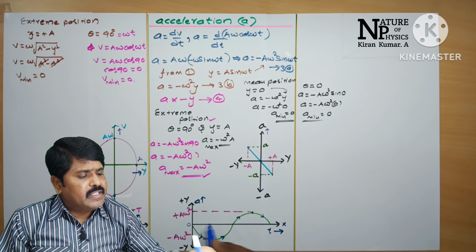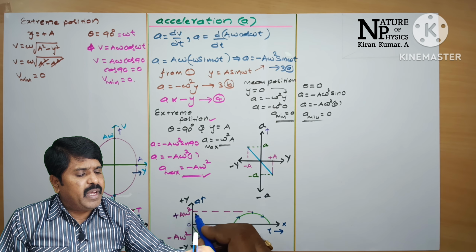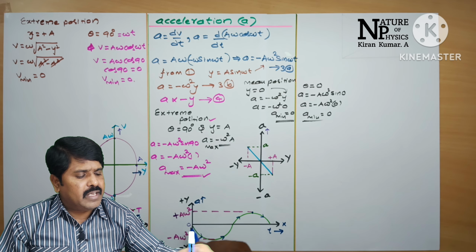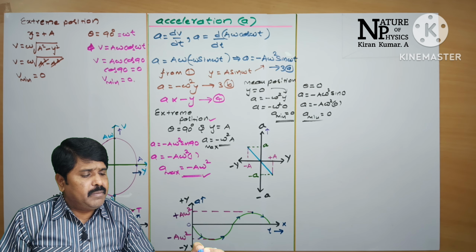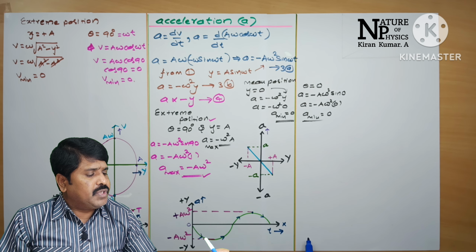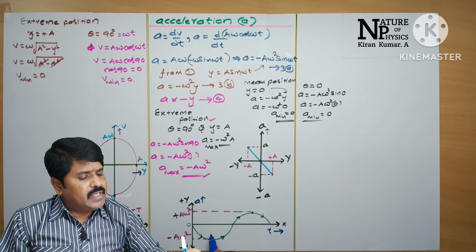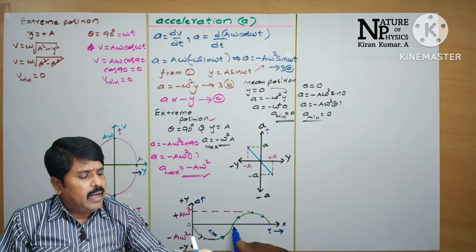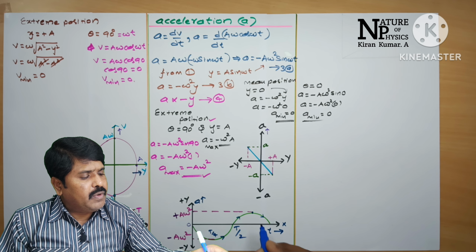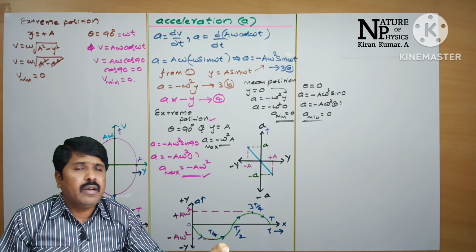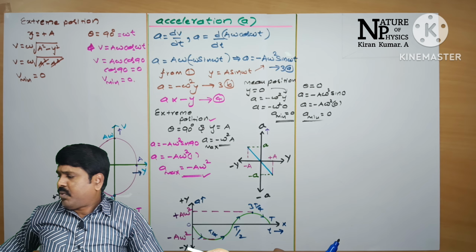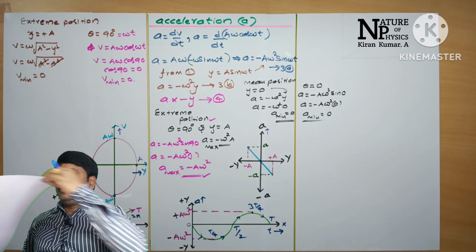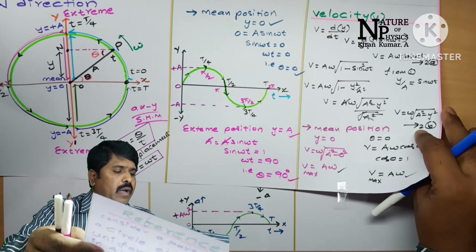This is the maximum acceleration, a omega square, clearly given, plus or minus. This is minus a omega square on the negative y-axis, because acceleration is taken on the y-axis. This is the time T by 4, this is the time T divided by 2, this is the time 3T by 4, and this is the time capital T, the time period.